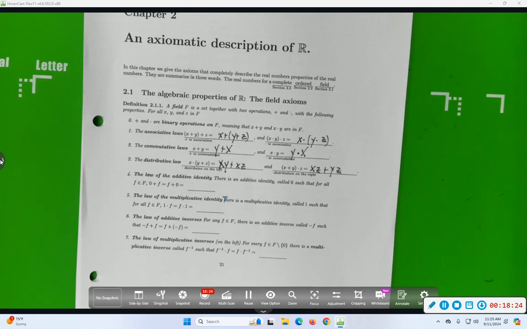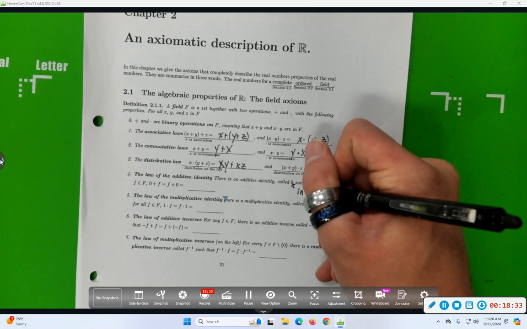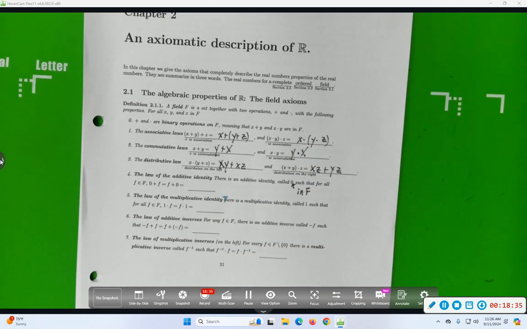So let's read this out. There is an additive identity called 0. It better be an element of this set we're talking about, such that for all elements f of the field, 0 plus f is f plus 0 is f. Right? If I add 0 to something, I better get the same thing back.